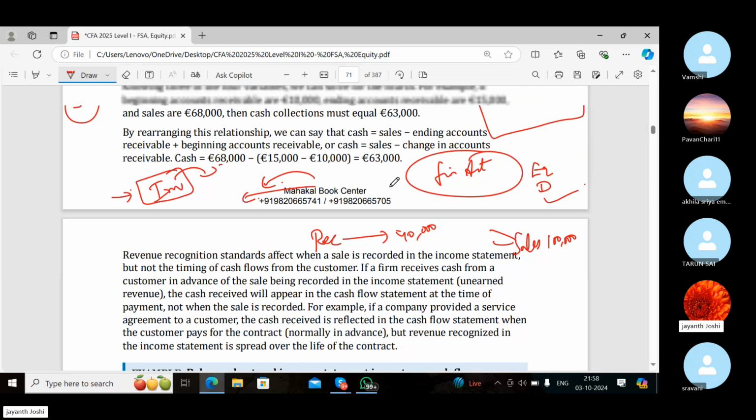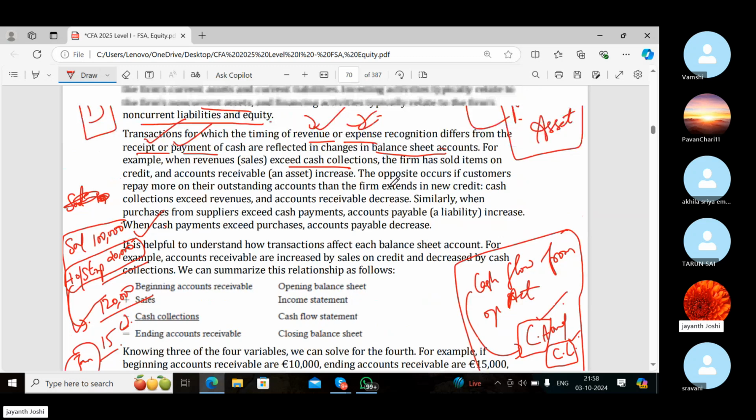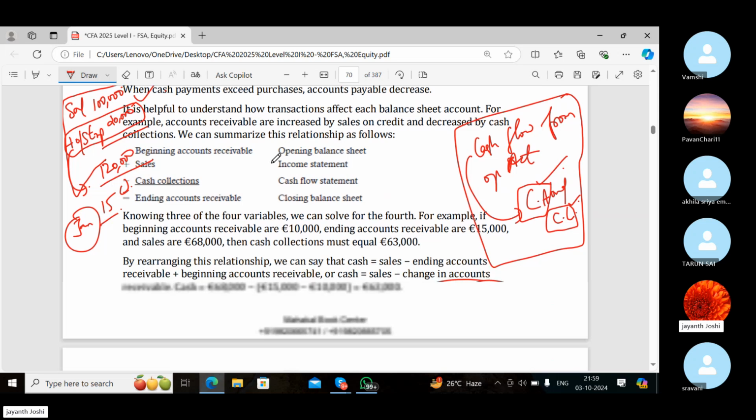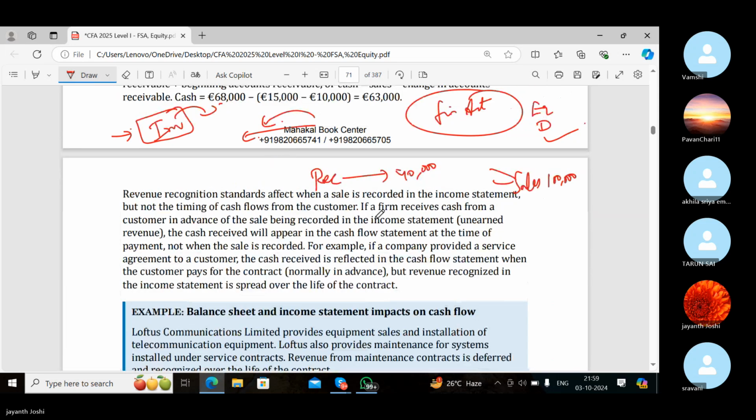So for example, when revenues, that is the sales, exceed cash collections. Now your revenue should be how much? 1 lakh. And your cash collections, let's say the receivables are 40.